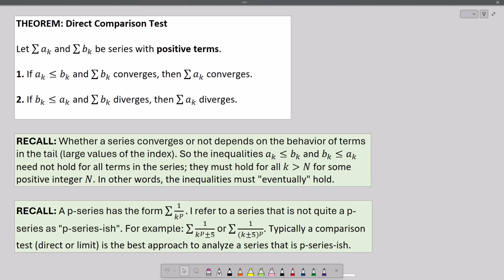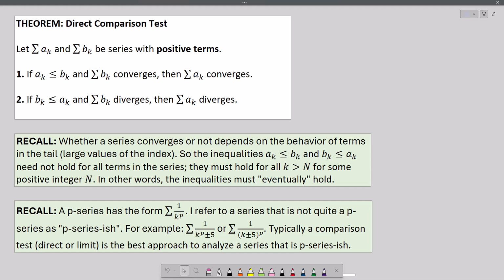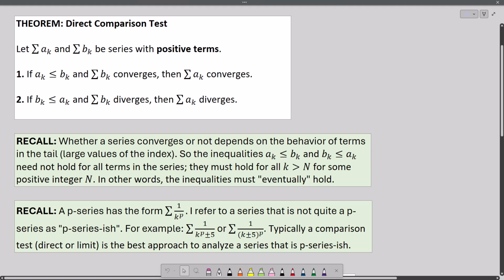If the B sub k series converges and the A sub k series is systematically smaller, the A sub k series must converge. So if we have a convergent B sub k series and the A sub k series is smaller, it's got to converge. Smaller than converging must converge. If the B sub k series converges, you're imagining the terms going to 0 very fast.